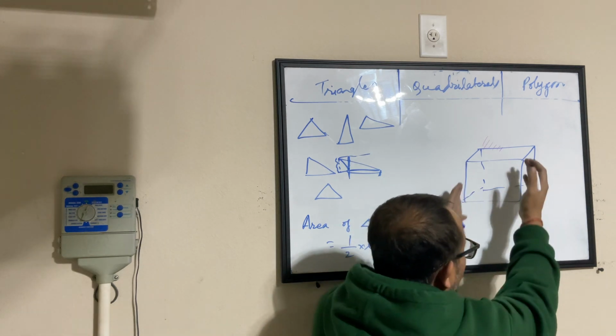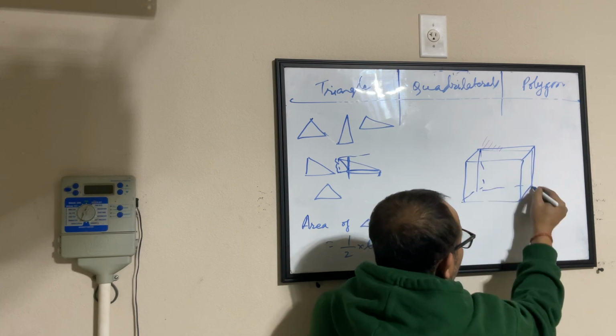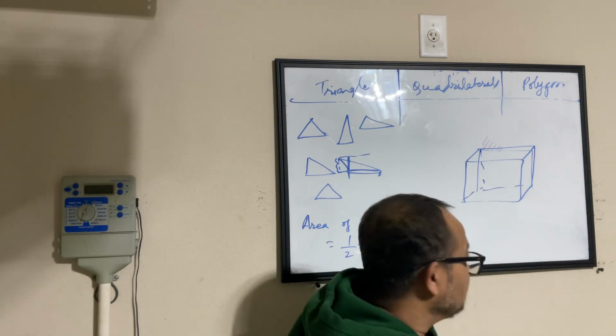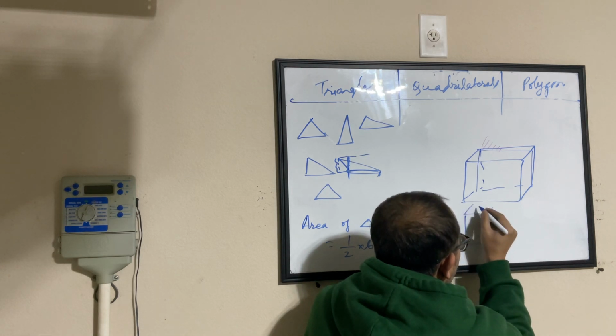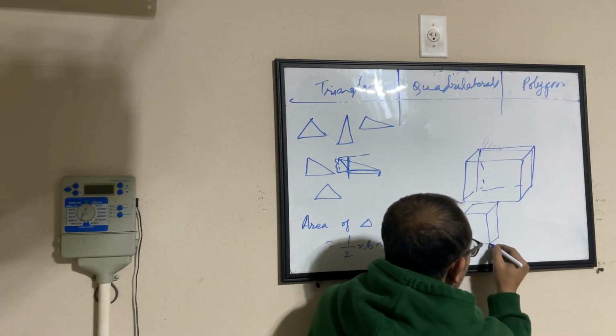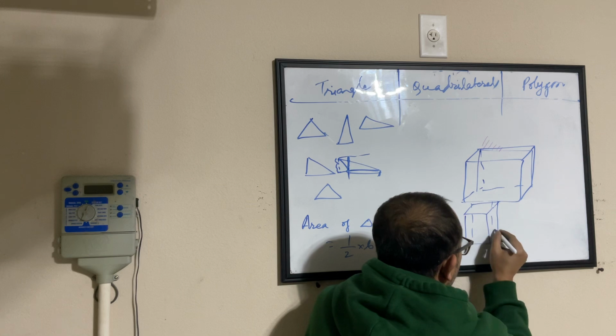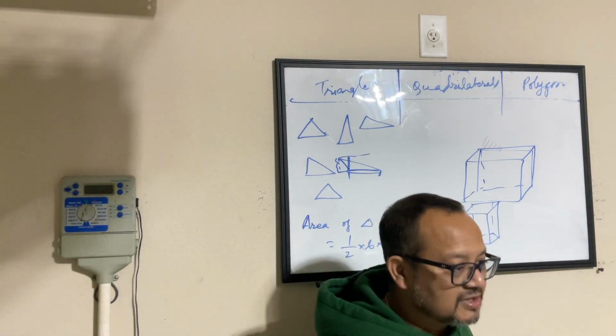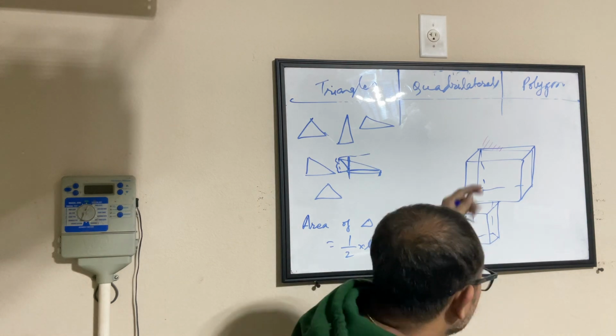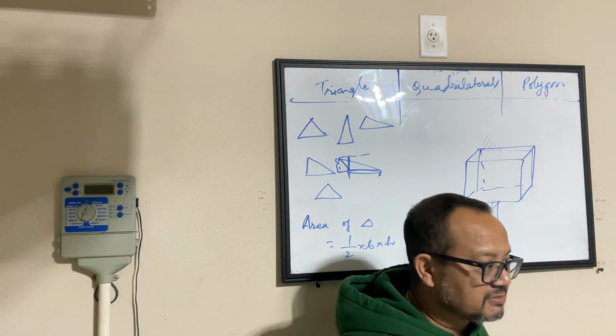So you have a rectangle before, you added height to it, it became a cuboid. Look at a square. You add height to it, it became a cube. So the ice cubes that we deal with have certain length, width, and height, and we'll talk about the properties of these shapes in the subsequent class.